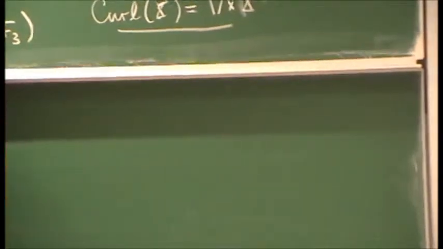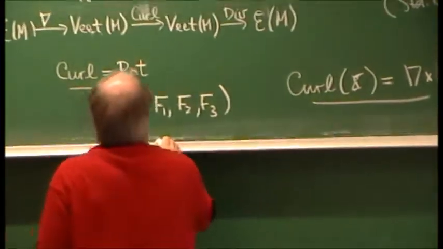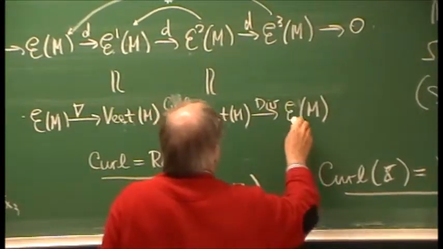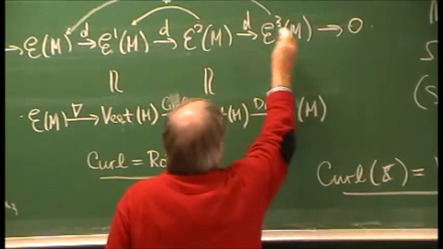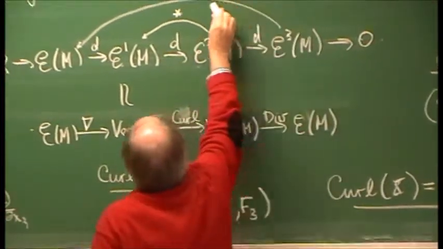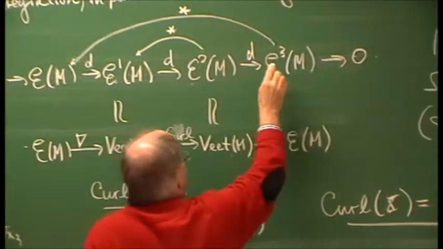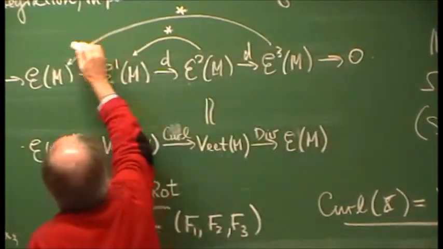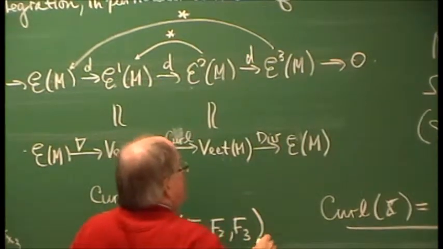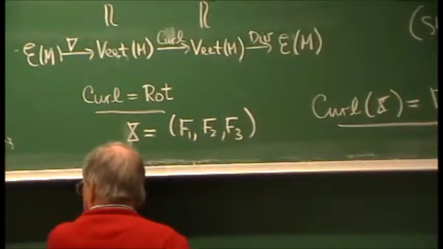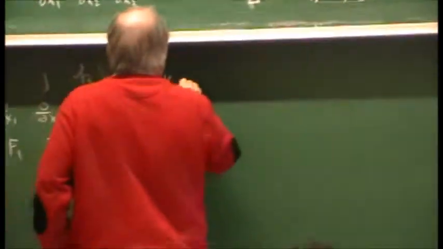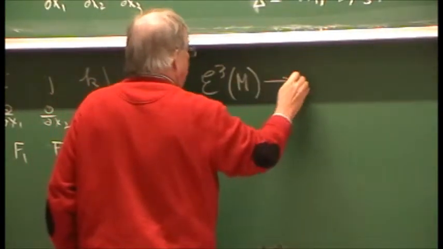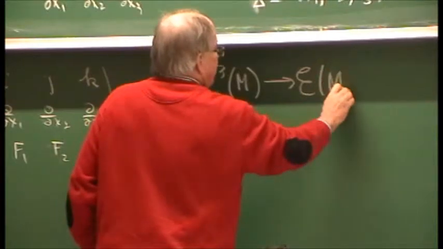Remember curl. Again, we have these isomorphisms here. We're going to fiddle around and do something here. I need to remind you how to get back to functions, because we're going to get a 3 form, and in order to interpret that as a function, we have to come back here. So the Hodge star operator, from 3 forms to functions or vice versa, is very simple.